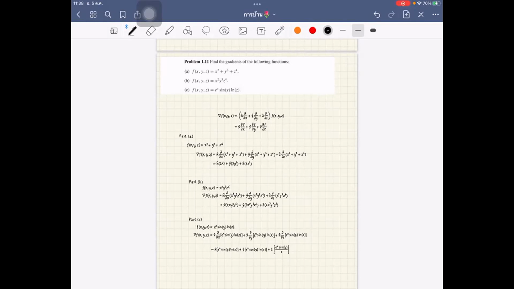First, I will try to explain that the operator operating on the scalar function is called the gradient.